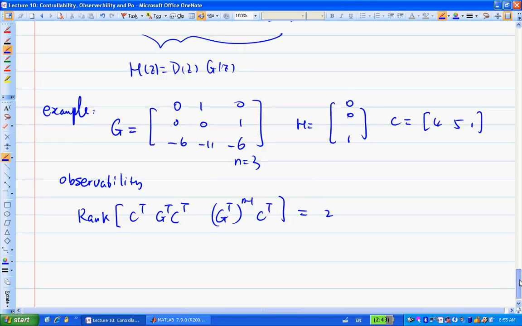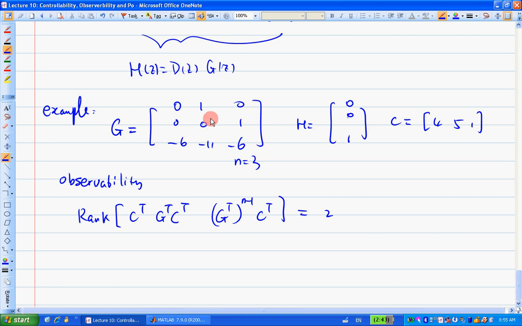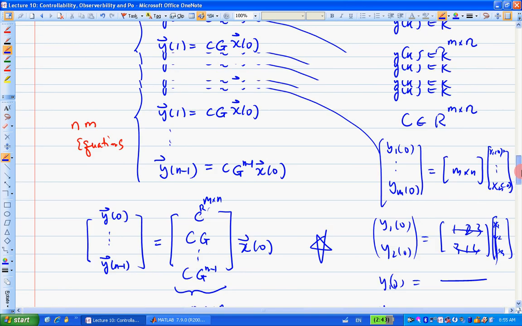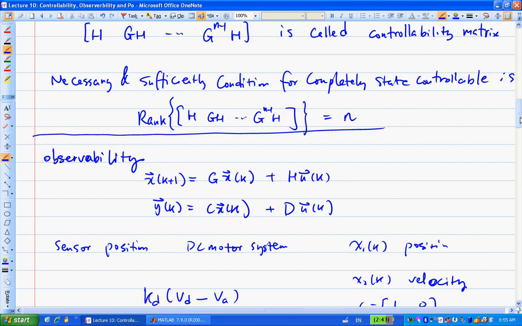Then let's take a look at what the pulse transfer function of this system is. The pulse transfer function is basically Y of z over U of z, right?